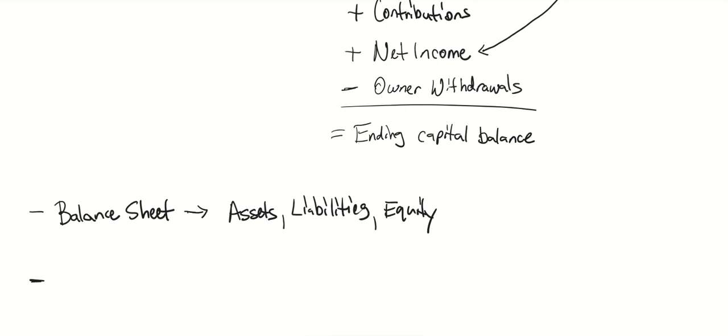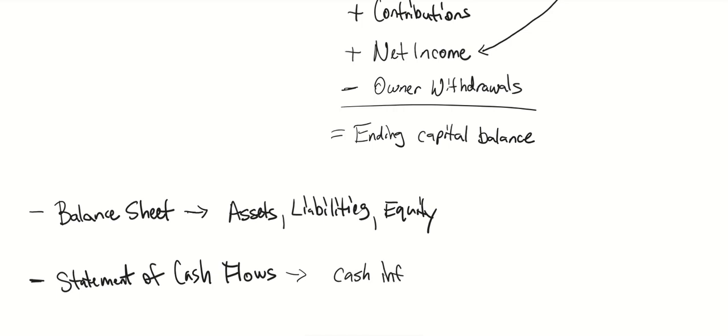Then the last one, we have the statement of cash flows. So the statement of cash flows shows a company's cash inflows and outflows. Okay, and it shows the cash inflows and outflows in 3 different sections.